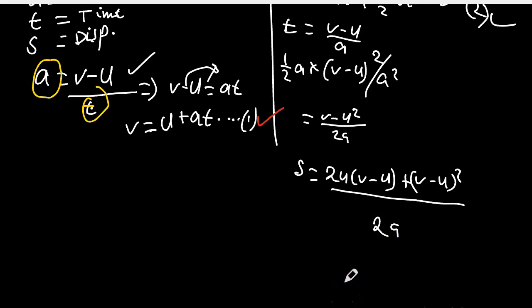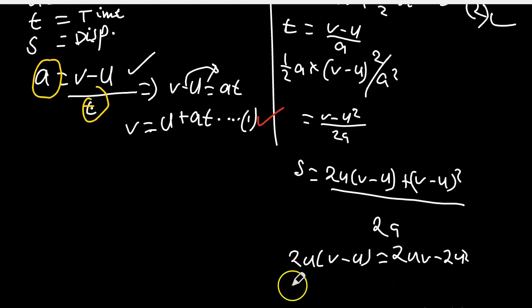If I expand the numerator, I will get 2u times v minus u, so this becomes 2uv minus 2u squared.